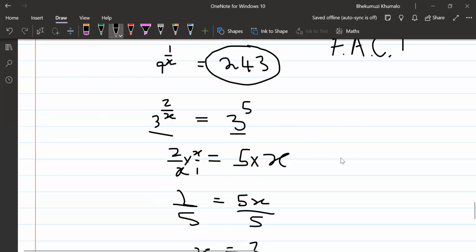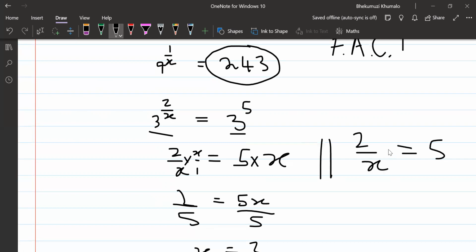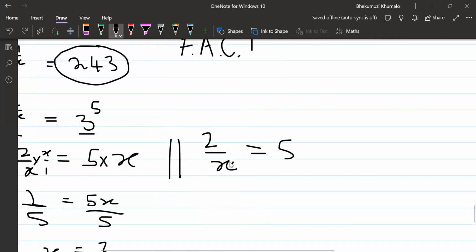Or, at this point, when it's 2 divided by x equals 5, there's another trick: you could have just swapped the denominator with the numerator. But if you swap the denominator with the numerator, you should do it on both sides, because for all numbers there is an invisible 1 underneath. So then it would be x over 2 equals 1 over 5, where 5 becomes the denominator.